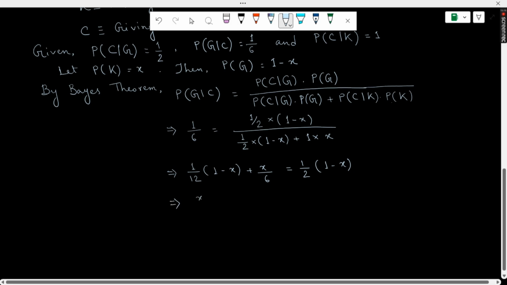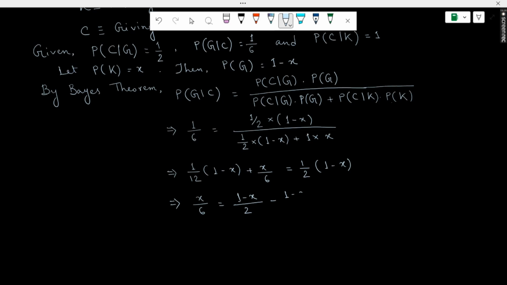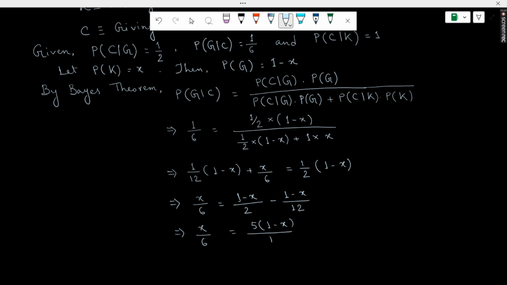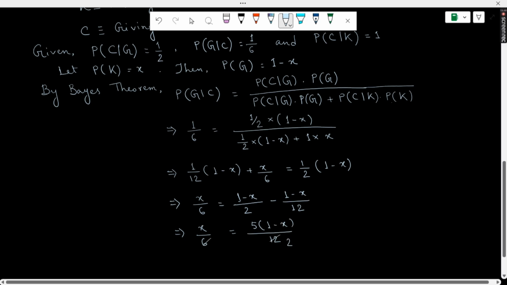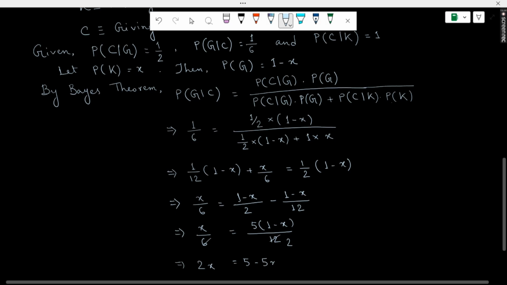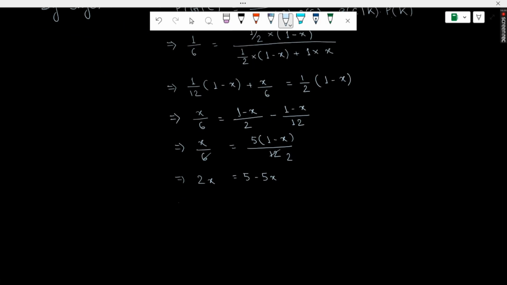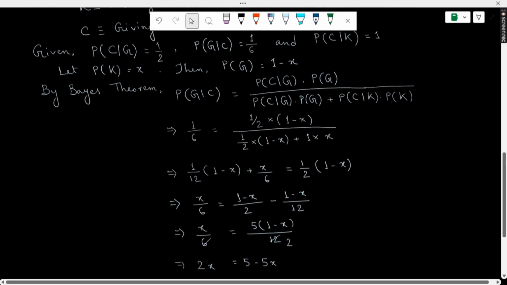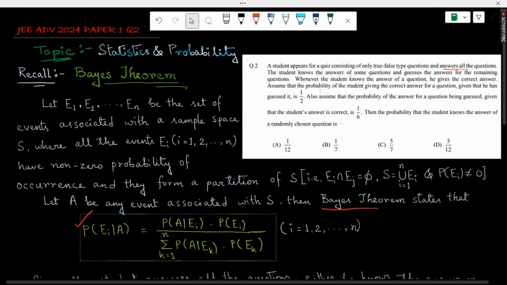This implies x by 6 equals 1 by 2 into 1 minus x minus 1 by 12 into 1 minus x. So x by 6 equals 5 by 12 into 1 minus x, and if we simplify it after cross multiplication, we will get 2x equals 5 minus 5x, which implies 7x is equal to 5 and x equals 5 by 7. So you can see that option number C is correct, 5 by 7.